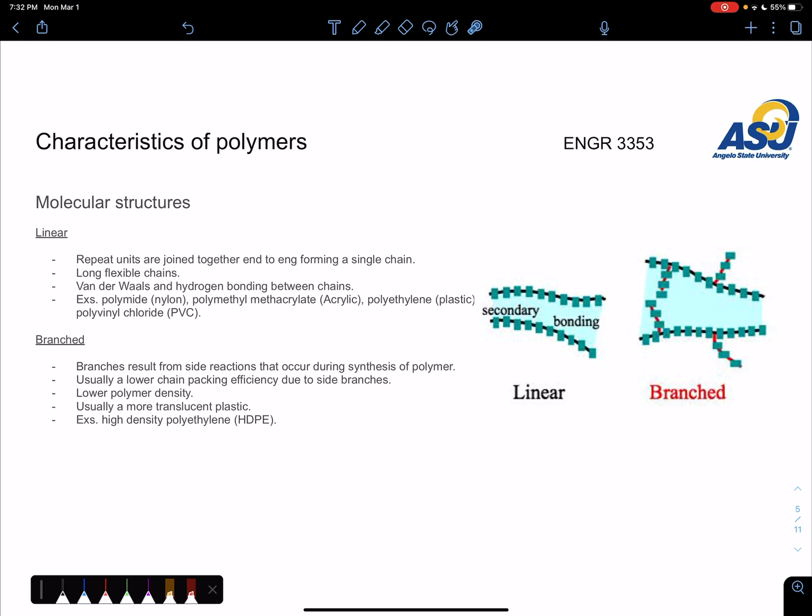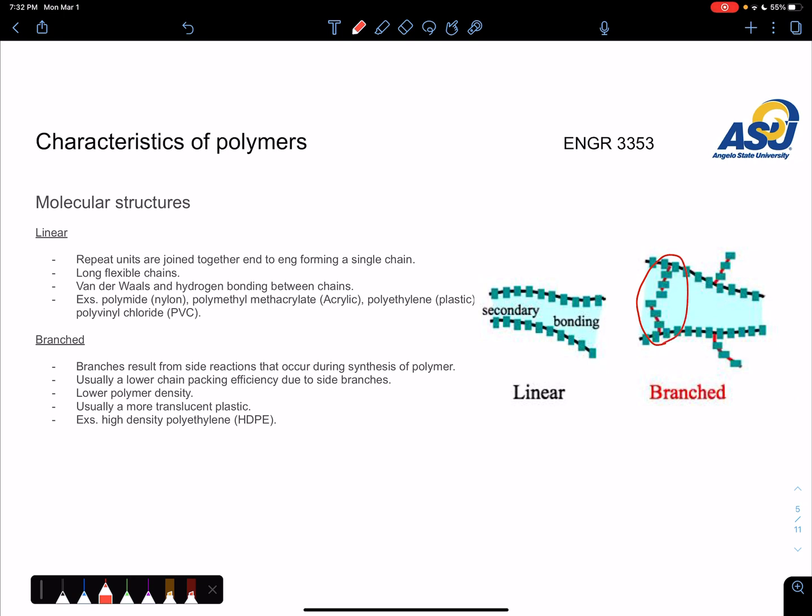And there is also branched molecular structures. So branches result from side reactions that occur during the synthesis of a polymer. So as you can see here, there is a side reaction going on that connects a little branch between these two pieces. So these are two linear structures that are being connected by this branch.